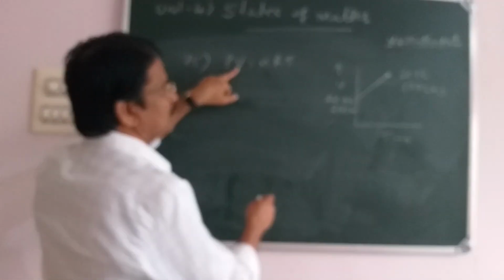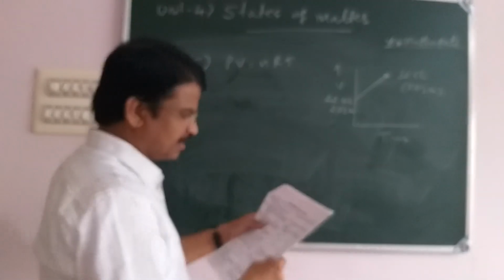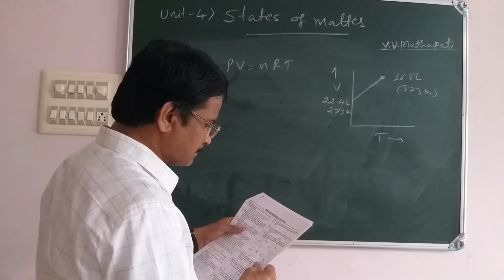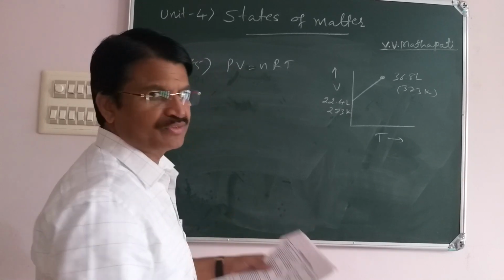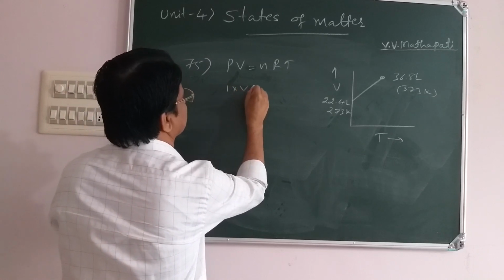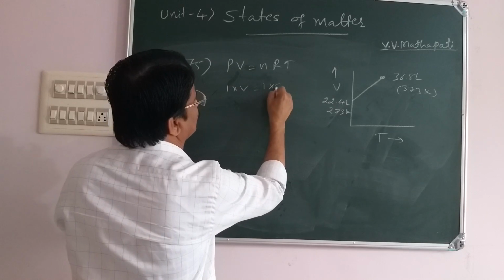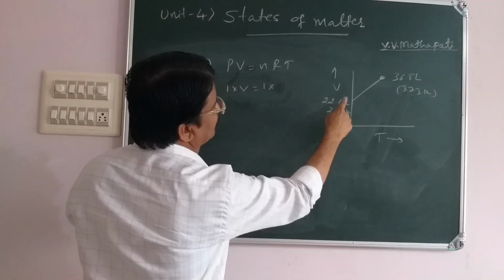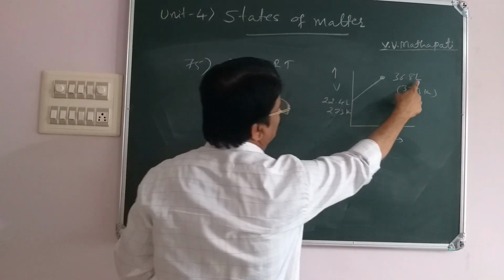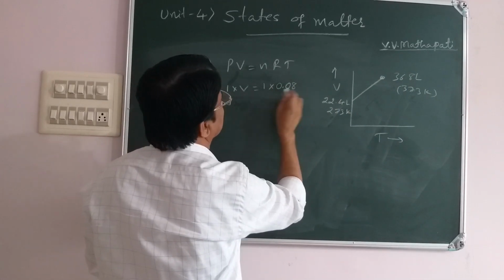Therefore, pressure. They give pressure in question. Pressure is given 1 atmosphere, and n is 1 mole. R value in liter, volume in liters, 0.082.